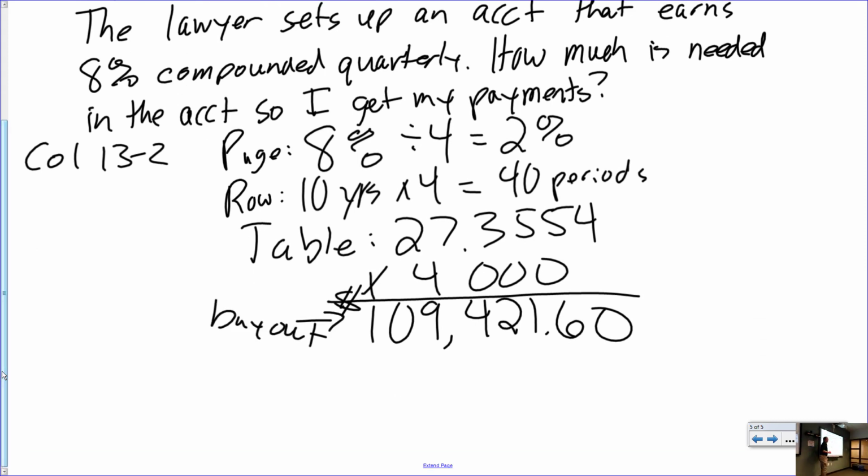Now, here's a question for you. On all of these accounts, I can always ask you about interest, right? How much interest will I earn over the lifespan of this annuity?